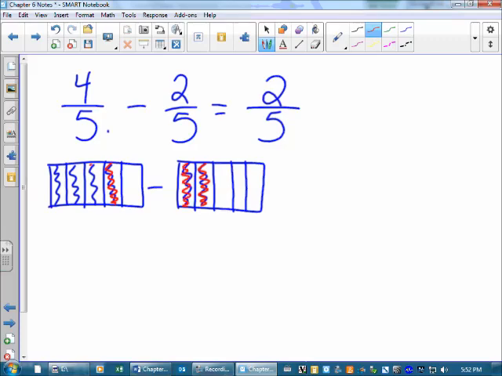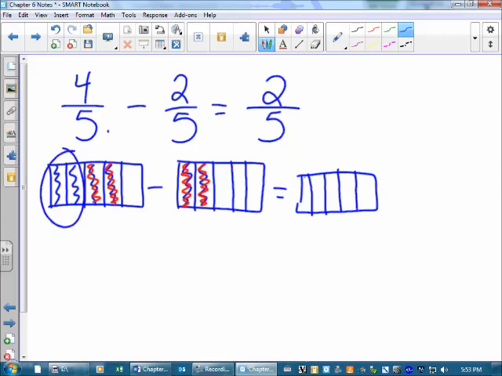Take that one away from here. They cancel out. And you're left with 2/5. So you can draw the same figure, 1, 2, 3, 4, 5. And we're left with how many? We're left with 2. That's 2 out of 5. Not too shabby, hey? Pretty good.